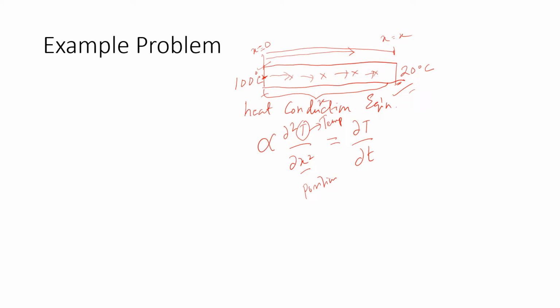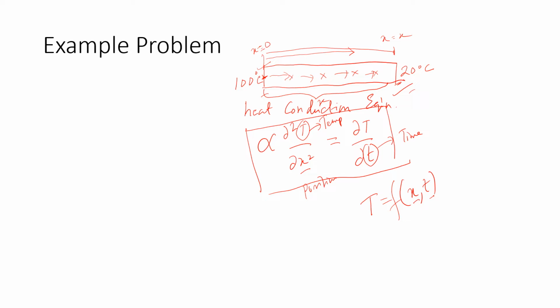Now how do we see what type of equation this is? You see, T here is a function of position x and time t. So time means the time increments. The temperature T is a function of the positional coordinate x and time t.